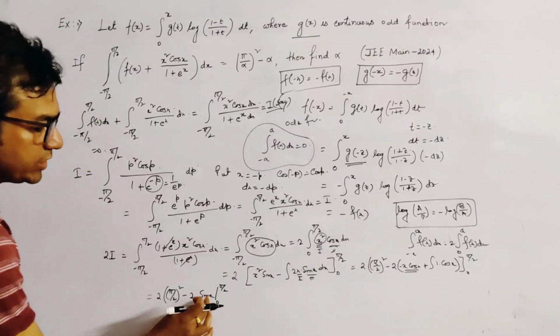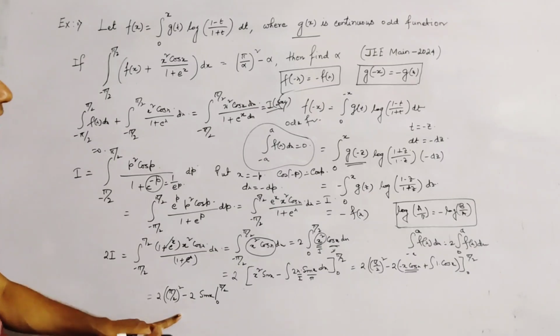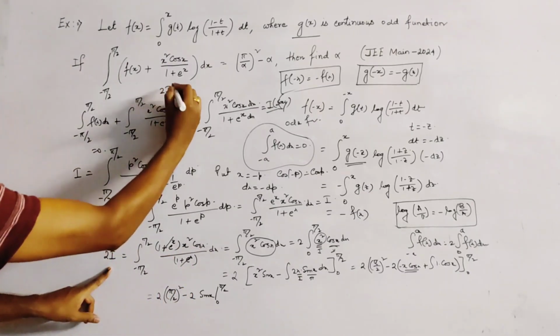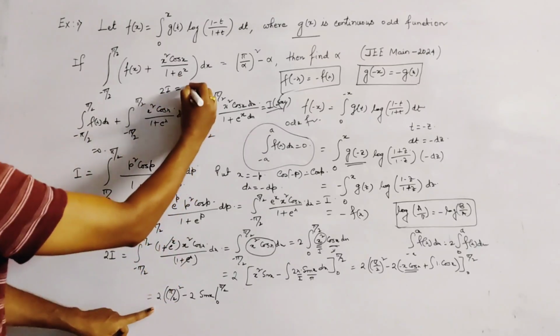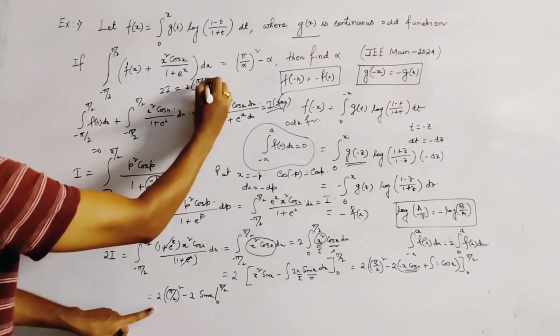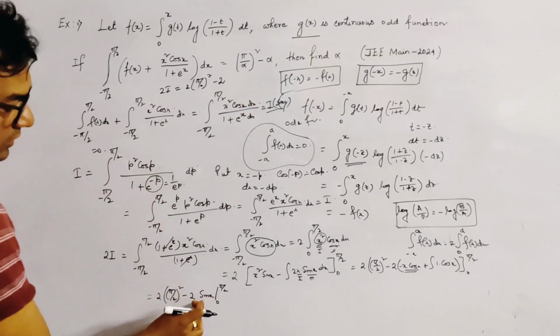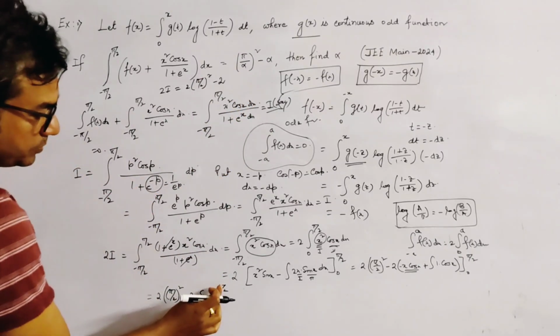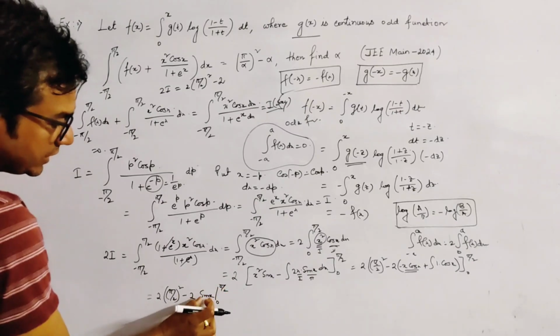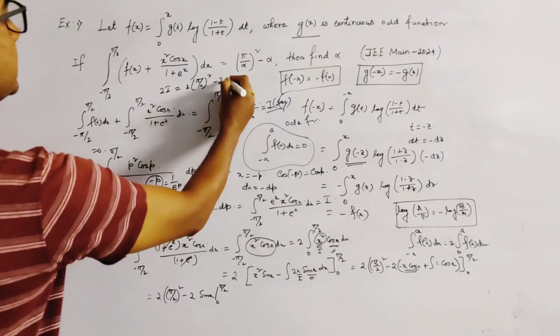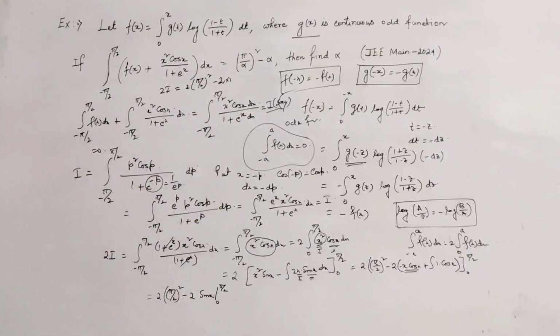We put in the range, and the left hand side is 2I, so 2I equals 2 into pi by 2 whole square minus 2, because sin of pi by 2 is 1, so we get into 1.